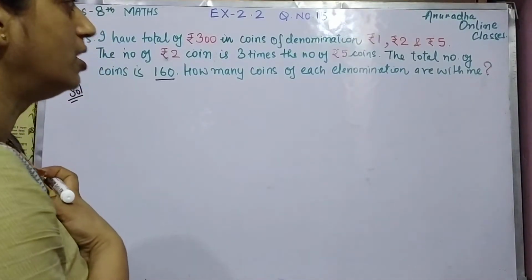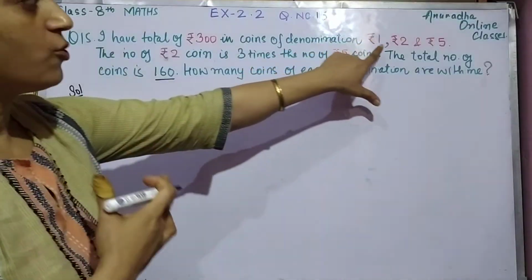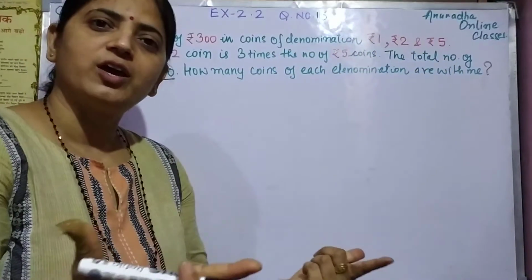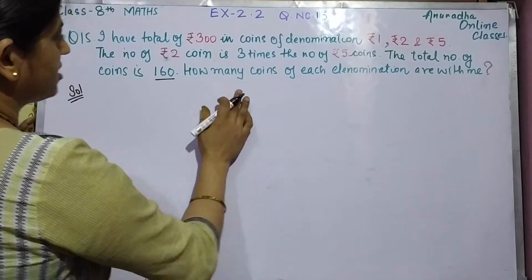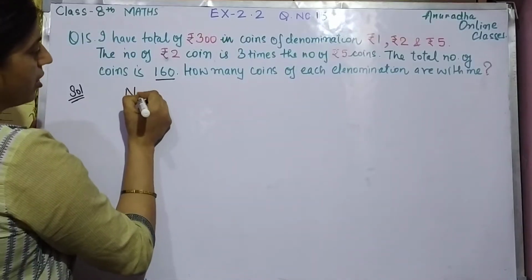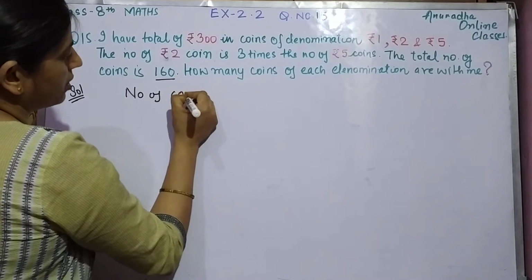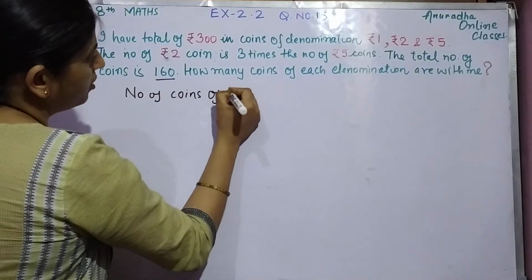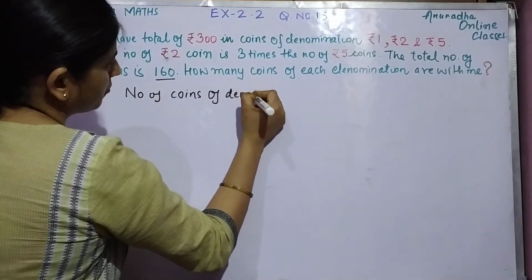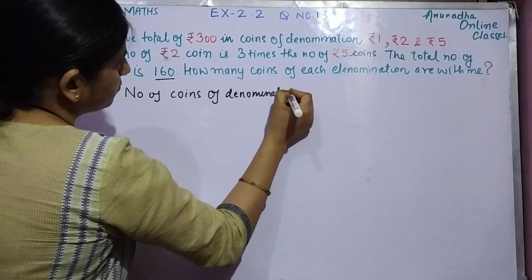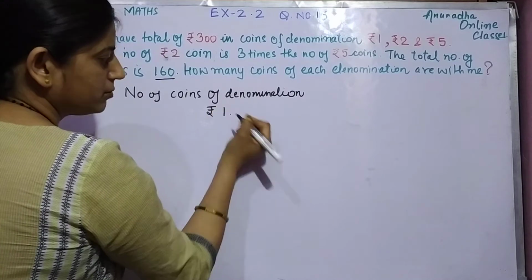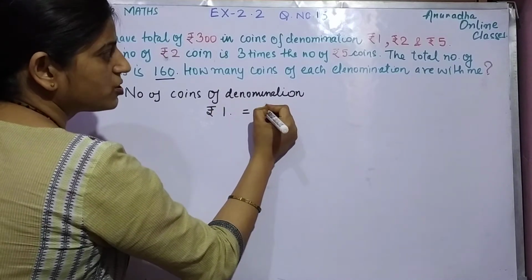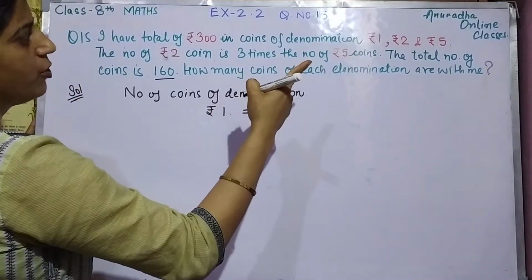मेरे पास 1 rupee, 2 rupee, 5 rupee वाले कितने coin हैं? Let's see how to solve this. Firstly, we'll take the number of coins of each denomination.